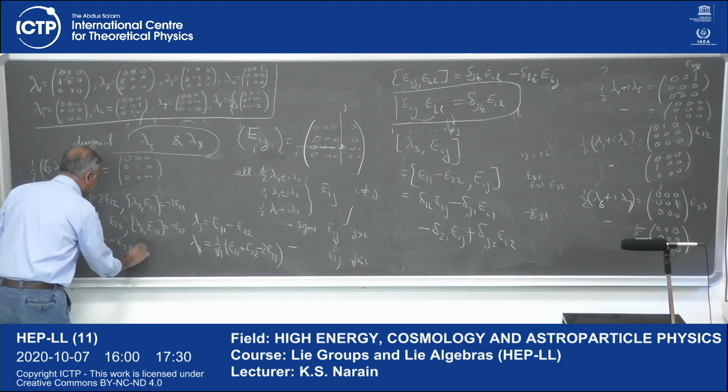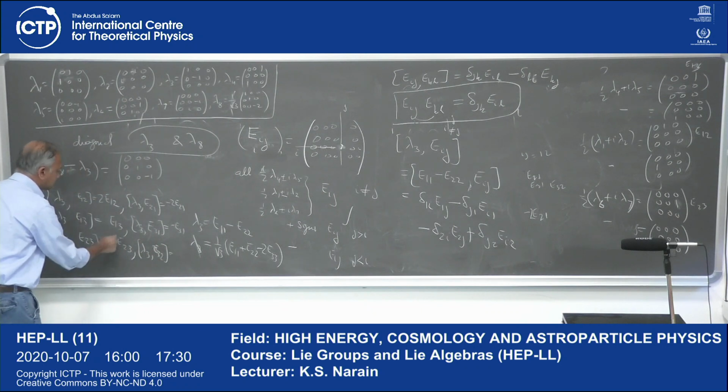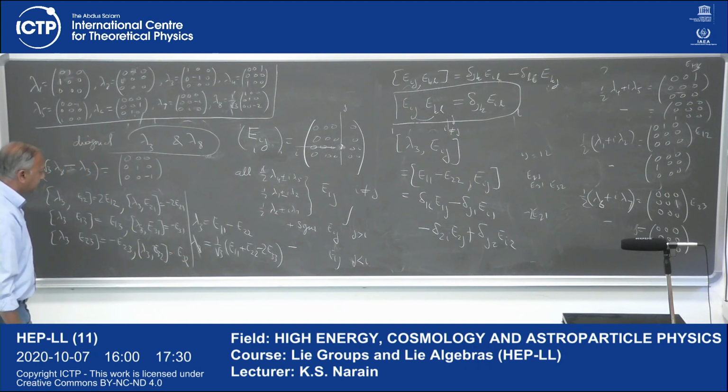And finally, lambda 3 with E32 is, this was minus, so minus of that is plus E32. That is so as far as lambda 3 is concerned.